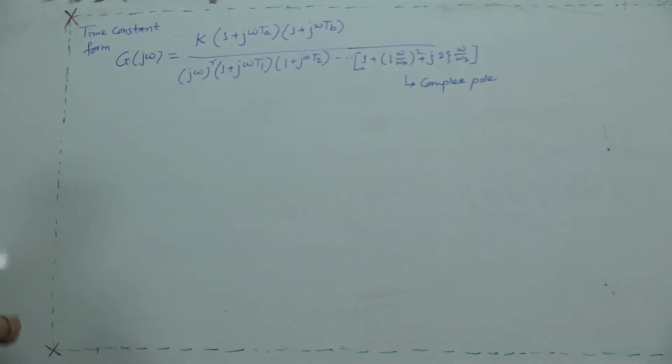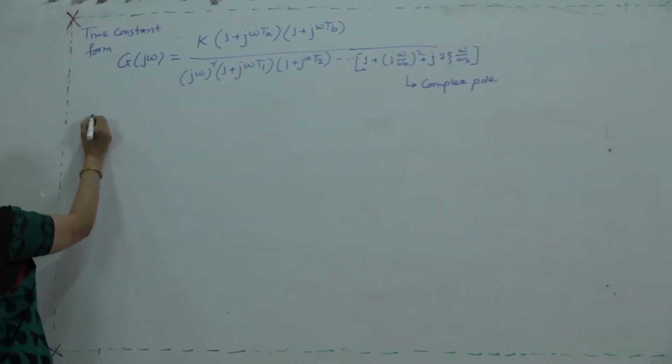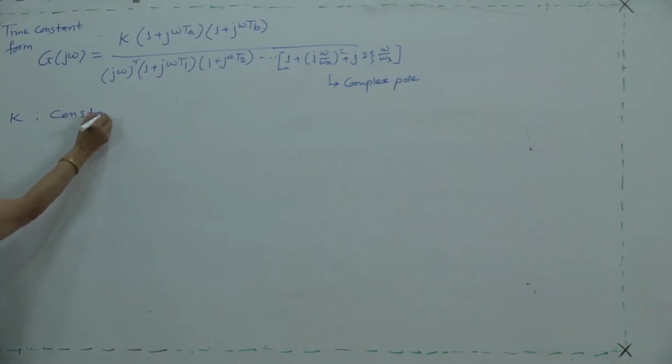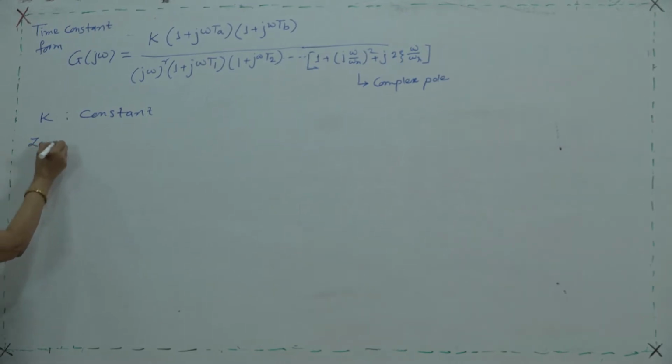So, where will the zeros be here, if you observe? k is the constant term, that is the gain, then the zeros. Two terms are there for the zeros.